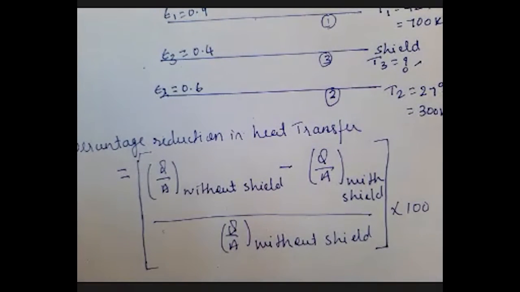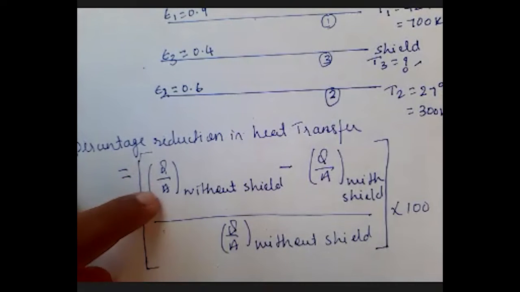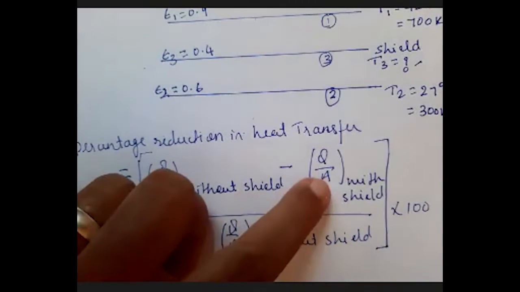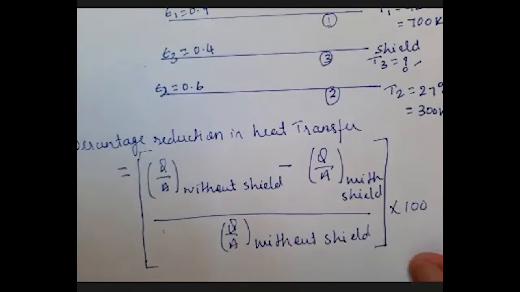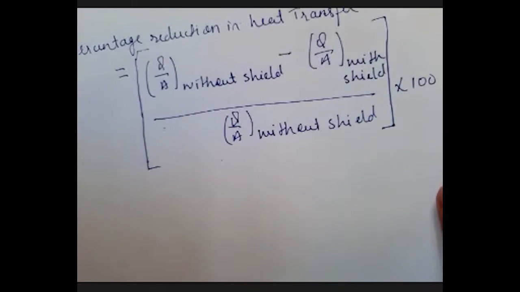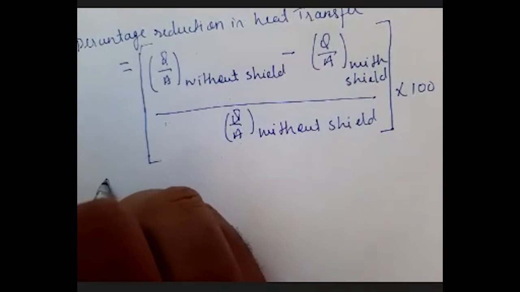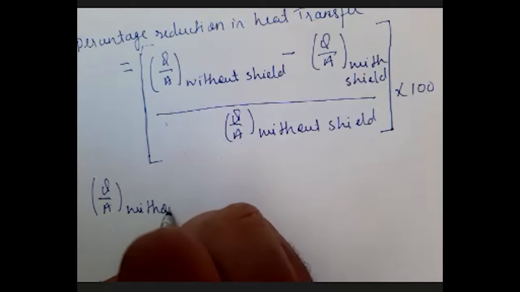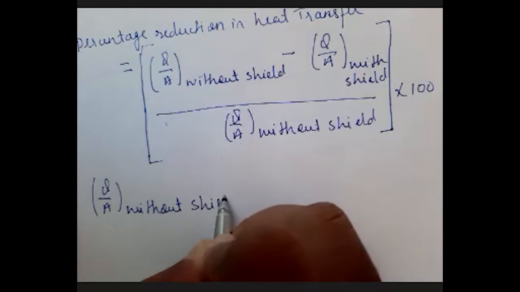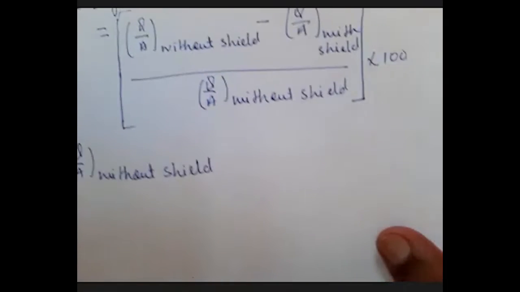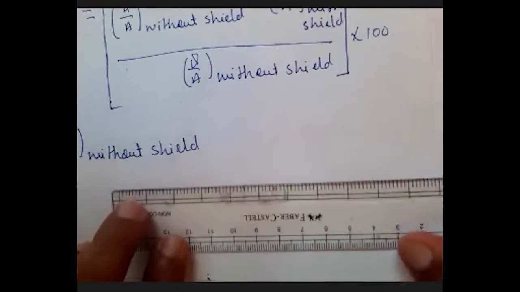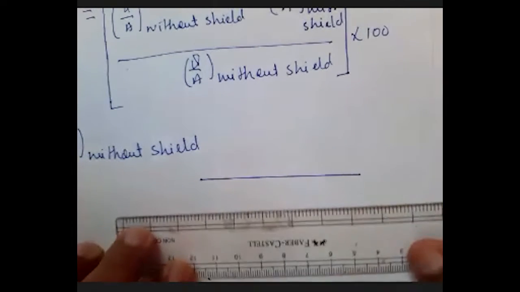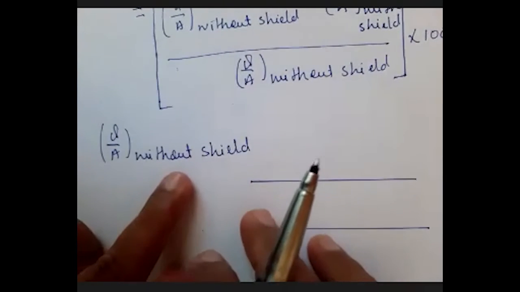So it is simple. I need to find out the heat transfer rate without shield and the heat transfer rate with shield. So let's begin with the first one, that is the heat transfer rate Q by A without shield, where I have two infinite parallel surfaces, and in between I don't have a shield because I'm going to find out the heat transfer rate without shield.